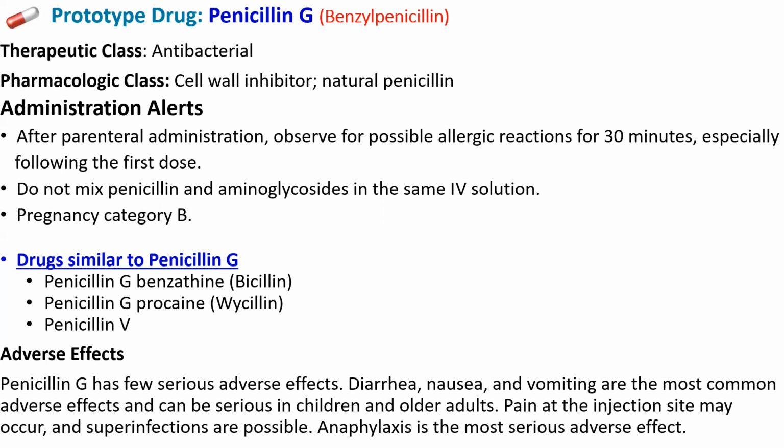Other adverse effects would be pain at the injection site. Superinfections are possible. What are they? They are secondary infections, and they occur when too many host bacteria are killed by the antibiotics. Superinfections occur only during treatment with antimicrobial or antibiotic drugs.